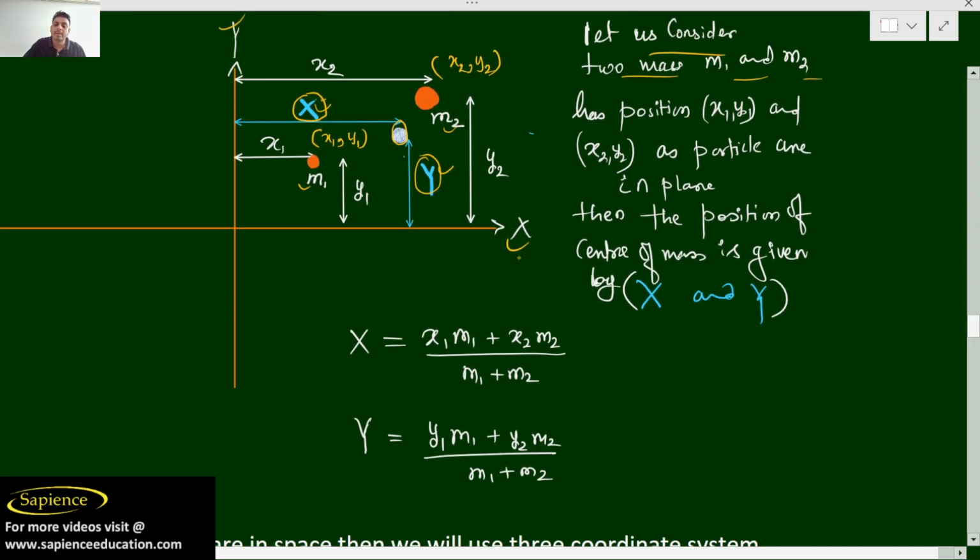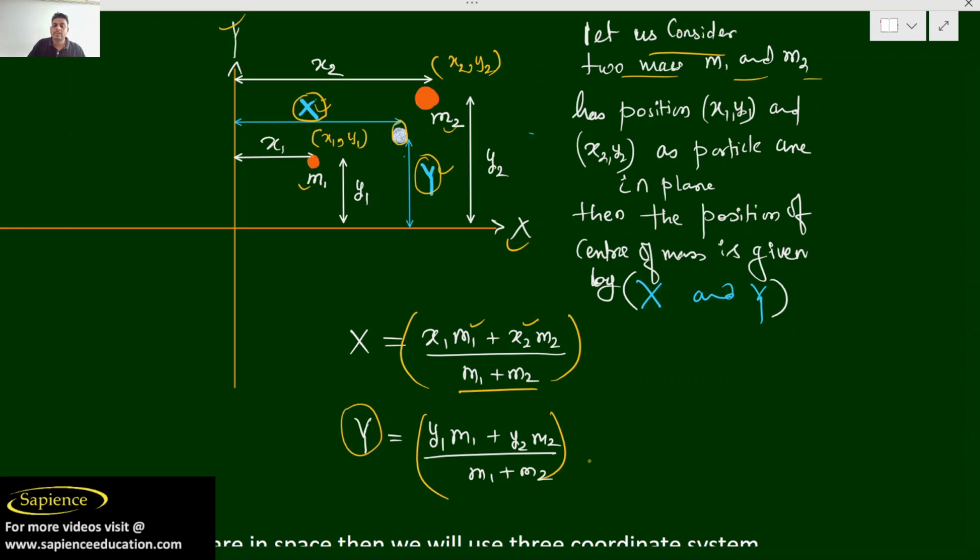So x, with the same formula, is x1 m1 plus x2 m2 divided by the total mass, m1 plus m2. If you want to find y, you can find it as y1 m1 plus y2 m2 divided by m1 plus m2.